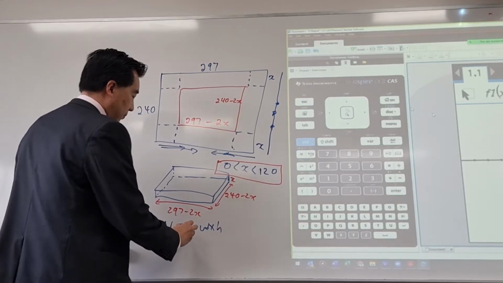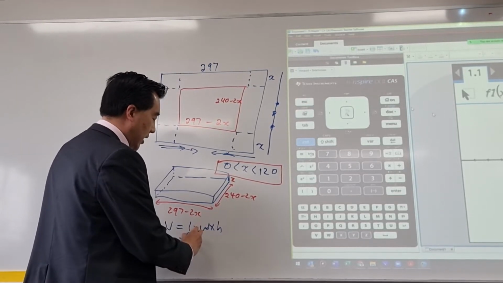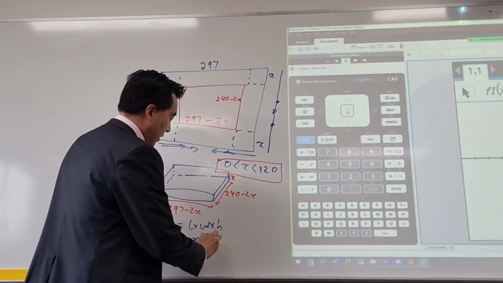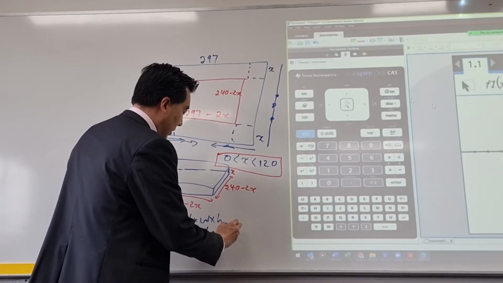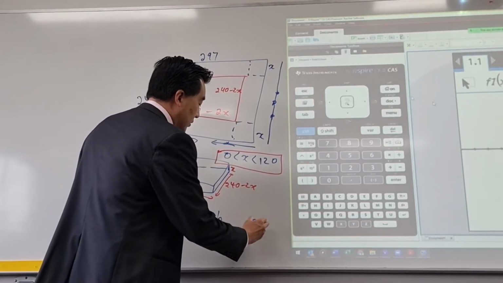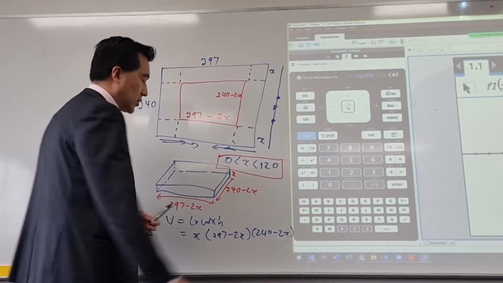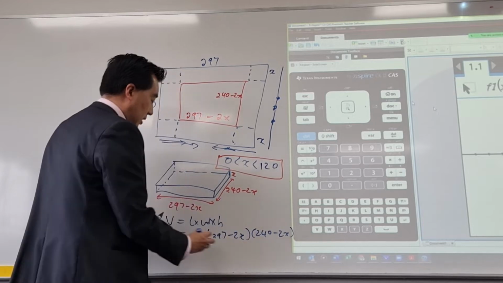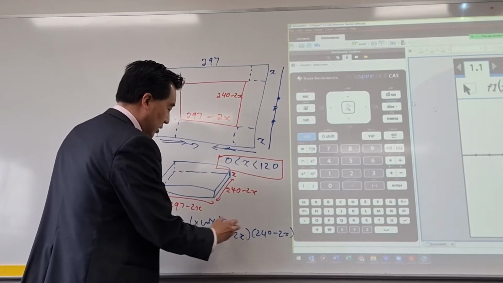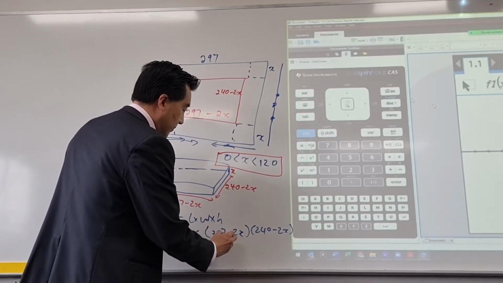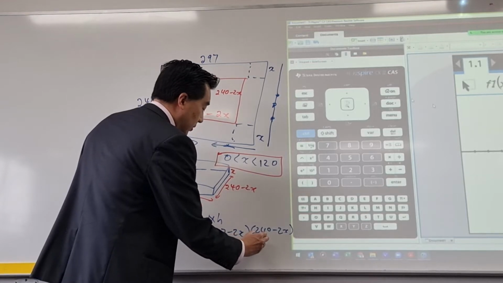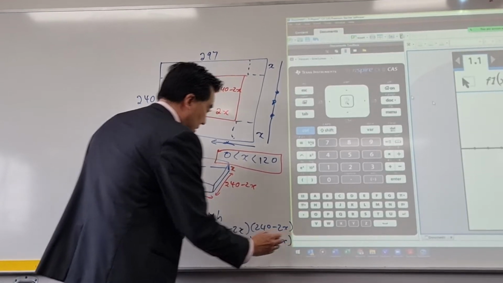In this case, we'll say your height is your x, put that up front. You have your 297 minus 2x, then you have your 240 minus 2x, which does factorize. So this one you can't, but this one you can. So that's a 2x now, because that's a common factor. This stays the same. This one becomes 120 minus x.